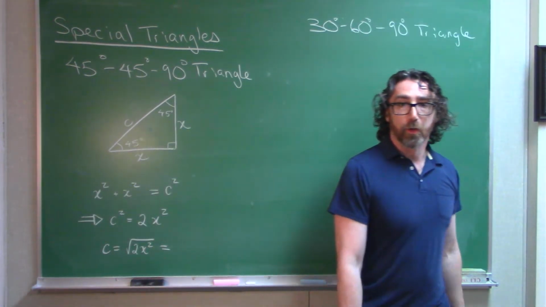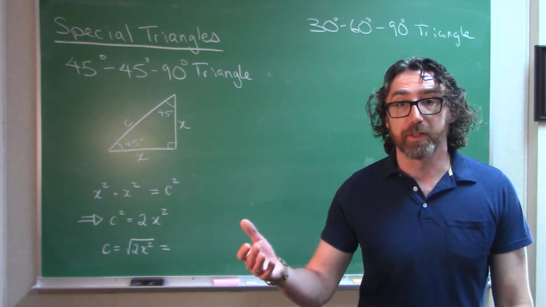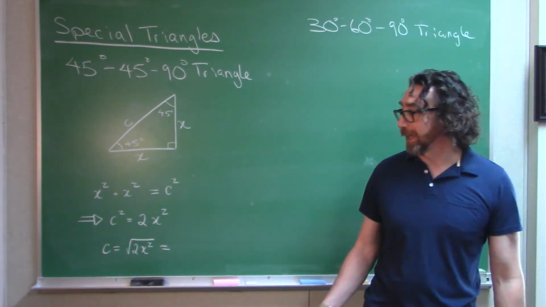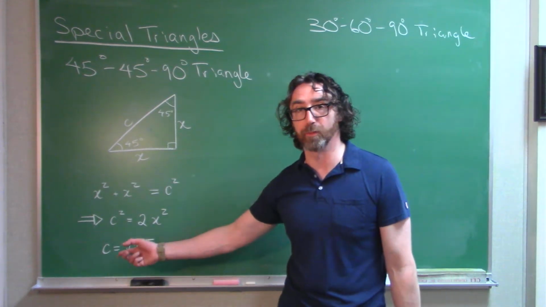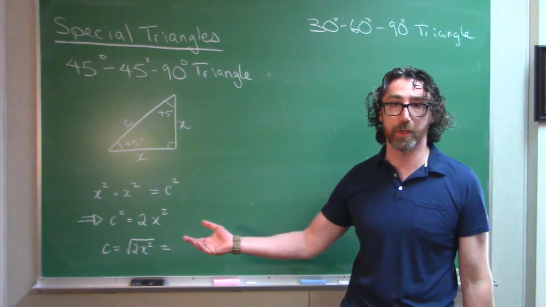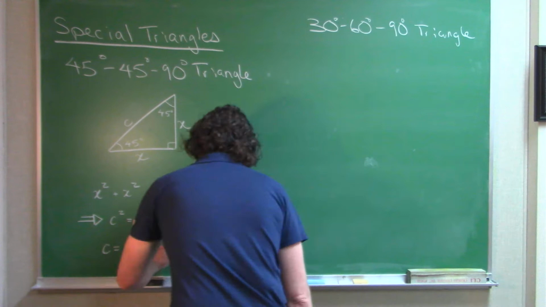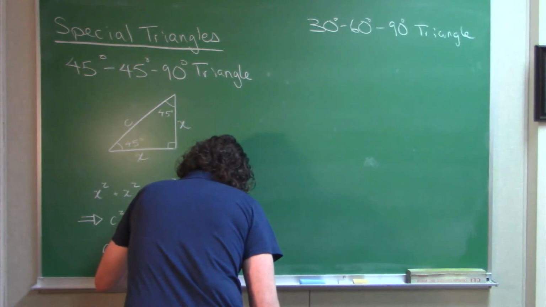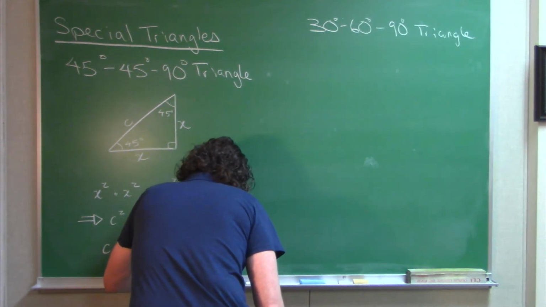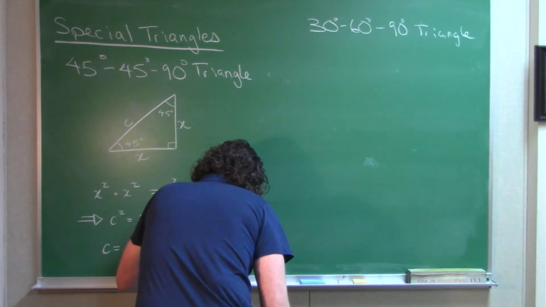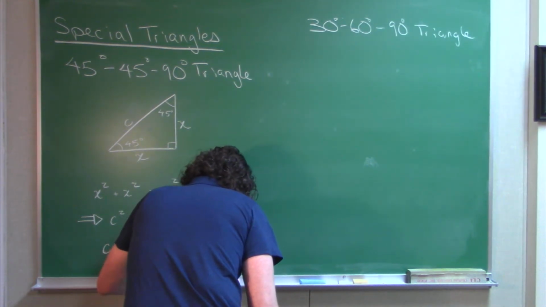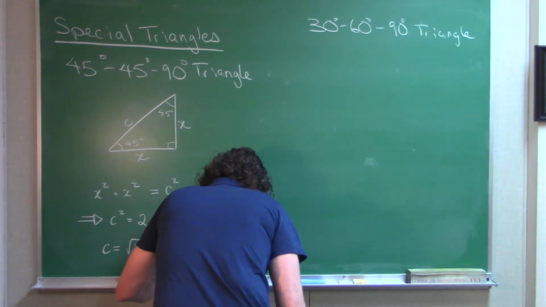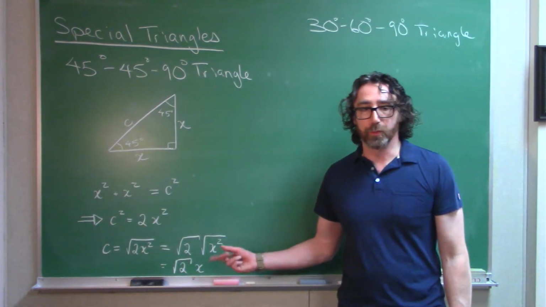Go back to our last video on the Pythagorean Theorem, where we discussed how to simplify square roots like this. The square root of a product is equal to the product of the square roots. So this is equal to the square root of 2 times the square root of x squared. In other words, the square root of 2 times x.